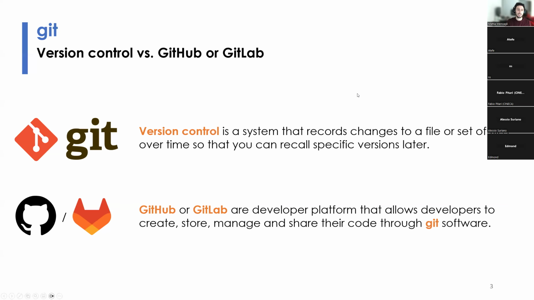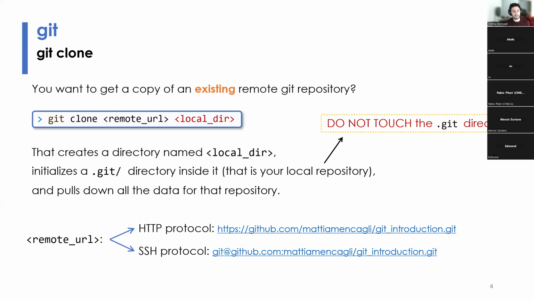Okay, so let's start from the most basic Git function, git clone. If you want to copy an existing remote repository onto your local machine, you will use git clone with the remote URL. This creates a directory named as the remote repository, or with the name that was chosen, on your local machine, initializing within it a .git directory.